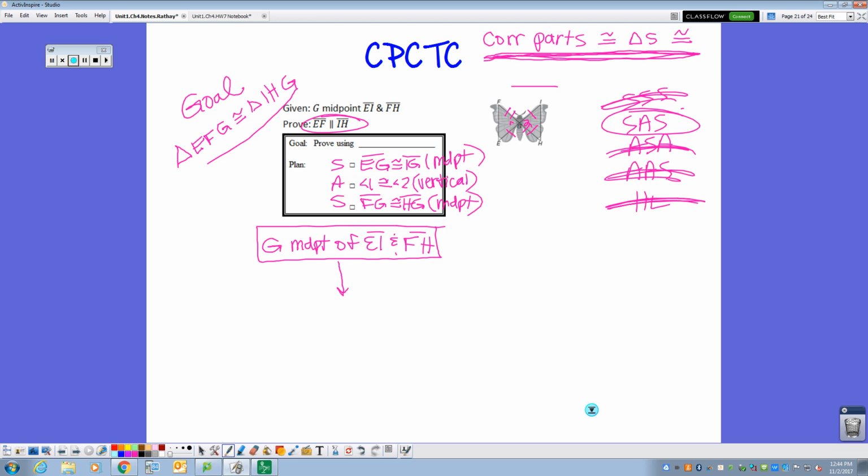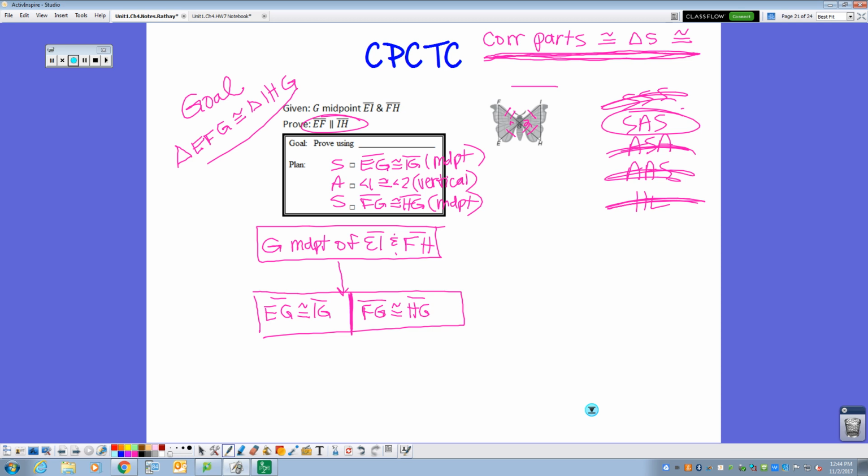This given told me that EG was congruent to IG. But it also told me a second fact. So I'm going to divide this box. It did also lead me to the conclusion that FG was congruent to HG.